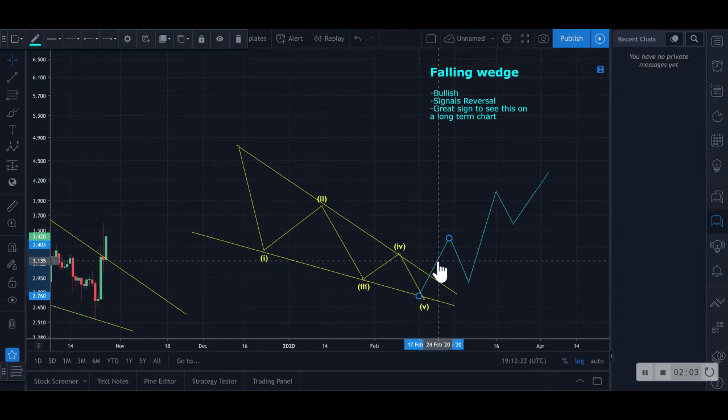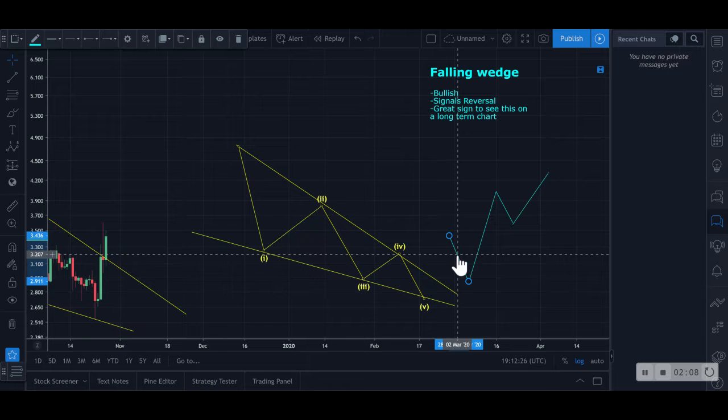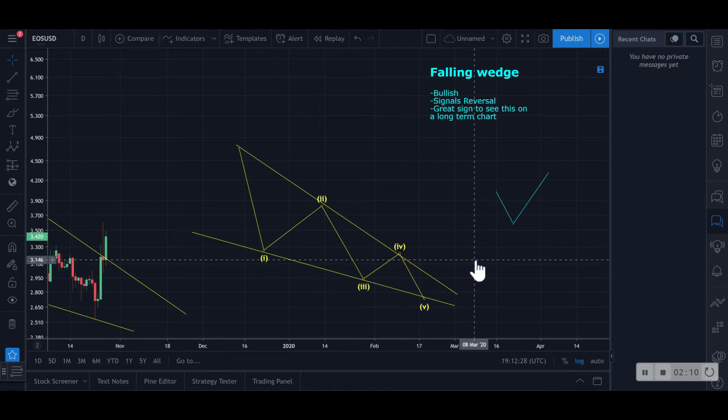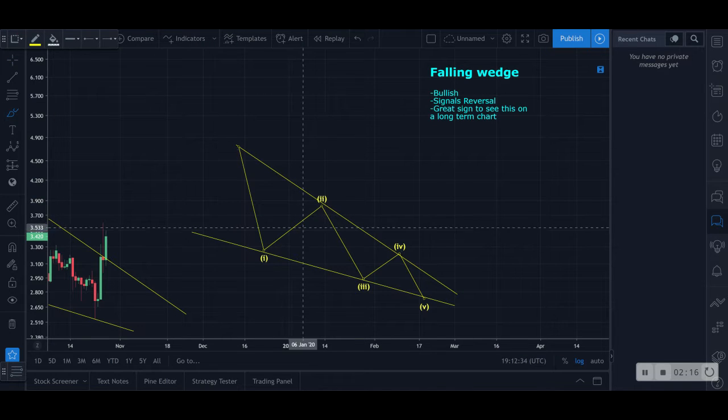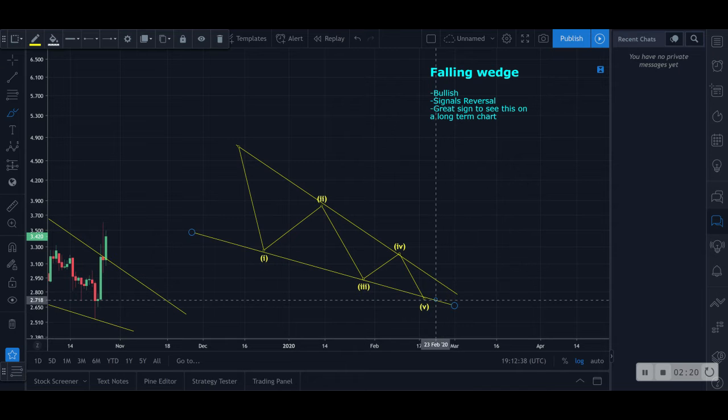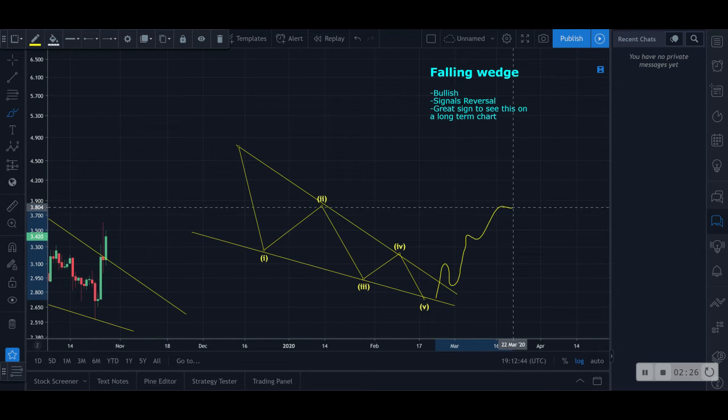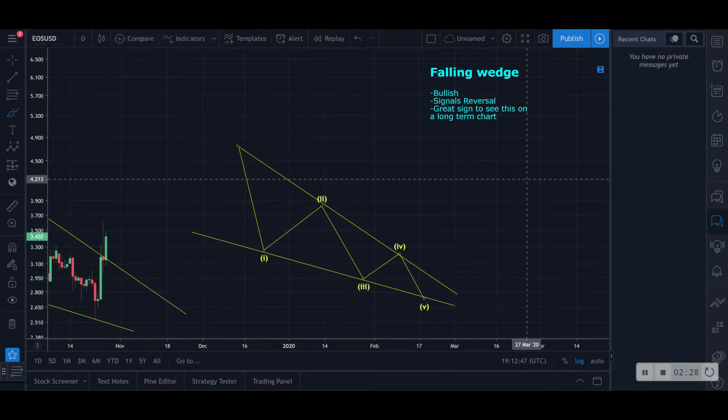I'm just going to remove these. I'm going to use the paintbrush to give you guys a better example of that. So the price will contract inside this zone, and then eventually will start to break out, and will come out, and then we'll touch it again, usually, or come somewhere near it, and then we'll continue upwards. And it's a very bullish pattern.